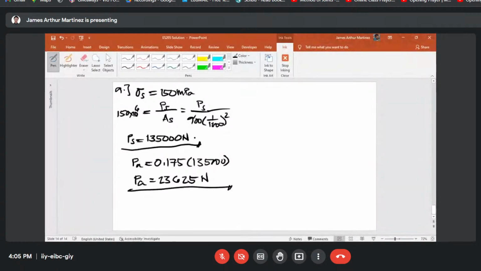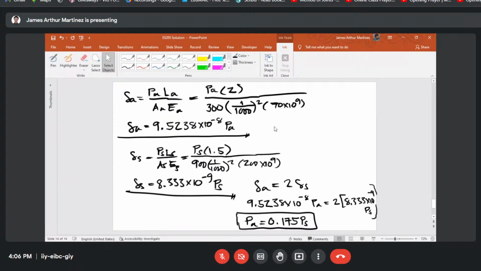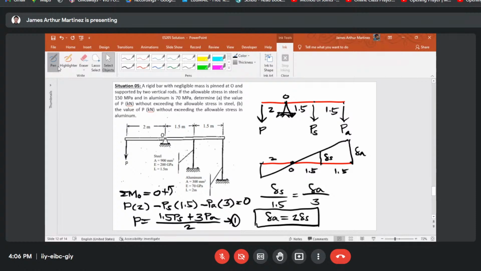Diba, we now have values for PS and PA, in accordance with the allowable stress at steel, 150 megapascal. So, we can compute the value for P. We have this equation for P: 1.5 PS plus 3 times PA, all over 2.